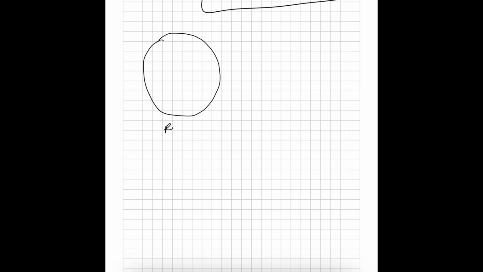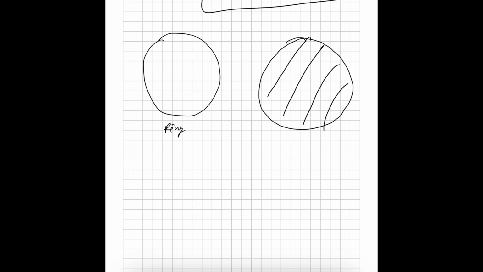This is my ring, and this is my disk. In the ring, the mass is distributed only at the distance R, and the masses of both objects are the same, capital M. The ring is not lighter or heavier; if you measure their mass, it will come out the same.